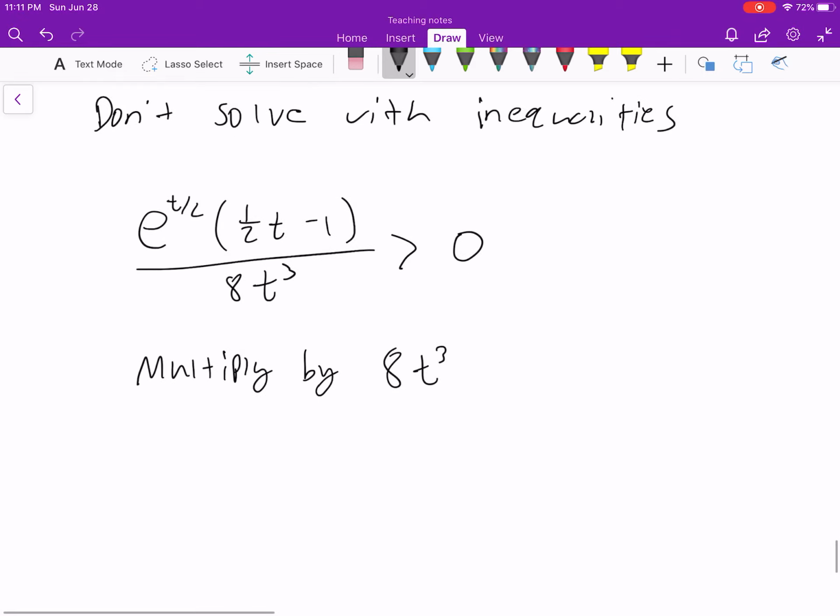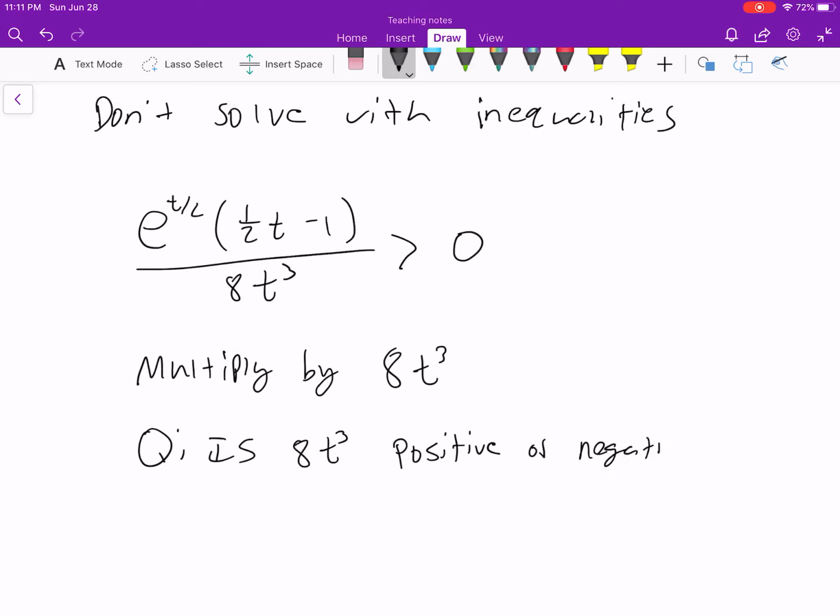The problem though. So my question is, is 8t cubed positive or negative? And the answer to that is it depends. Is t positive or negative? And so when you try and solve these using inequalities, the work gets much more complicated.